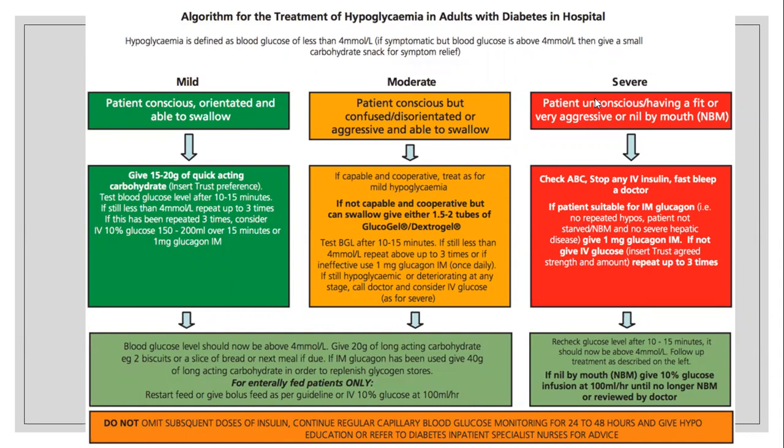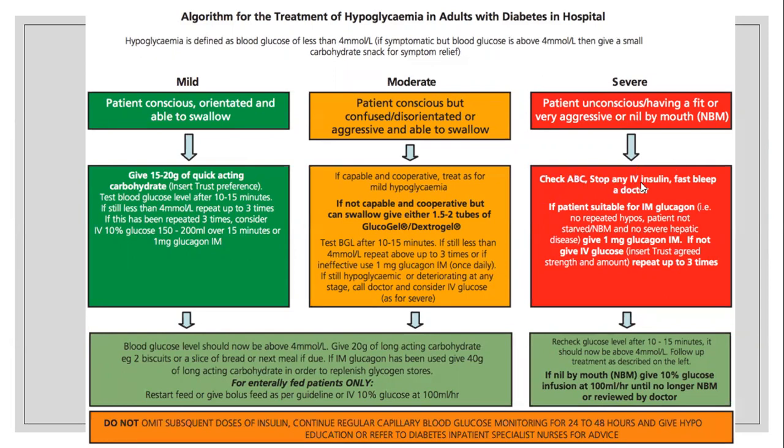In case of severe, meaning the patient is unconscious, having a fit, very aggressive, or nil by mouth, always check the blood glucose concentration. Arterial blood gas analysis is also important. Also, we will check the airway, the breathing, and circulation.